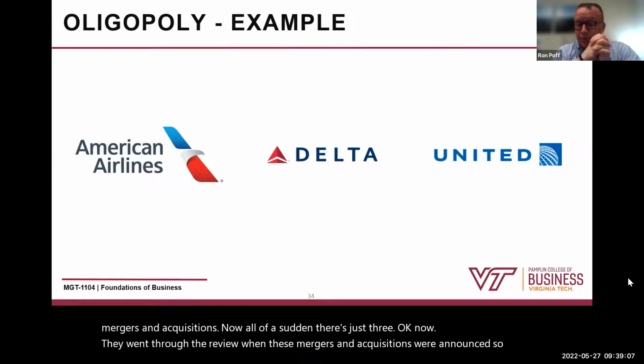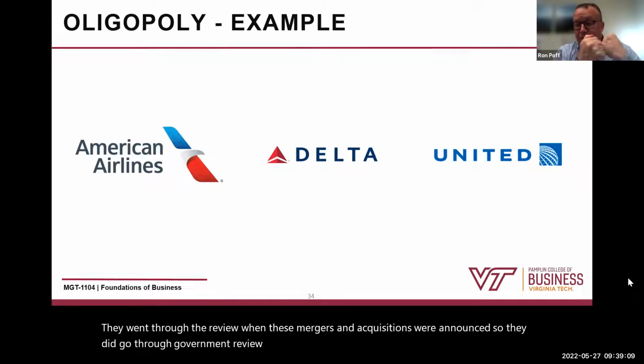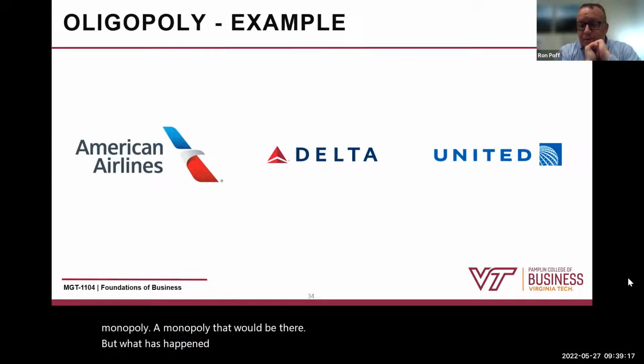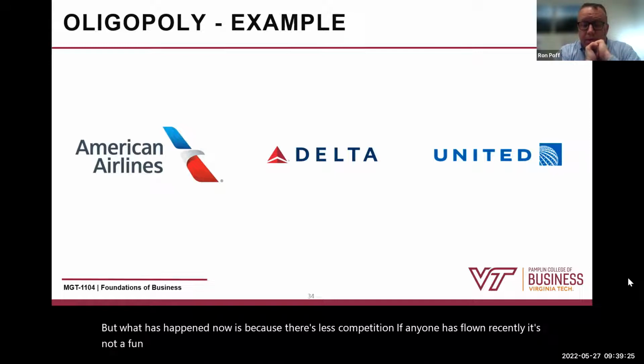Now, they went through the review when these mergers and acquisitions were announced. So they did go through government review, and it was determined that there was not going to be a monopoly. But what has happened now is, because there's less competition, if anyone has flown recently, it's not a fun experience. The customer service is poor.